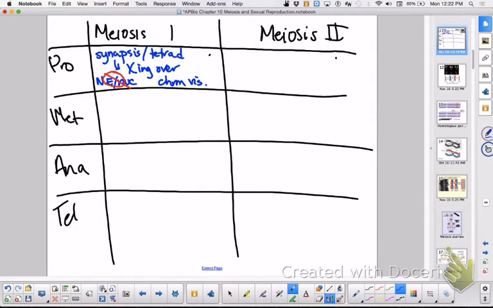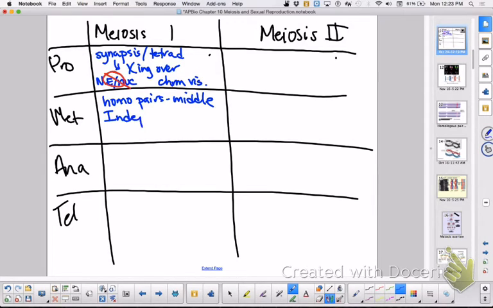Okay, give me key events in metaphase 1. Homologous pairs line up. Yeah, okay, so the homologous pairs in the middle, but what's significant about that? They can line up differently. What do we call that? We learned it when we started.